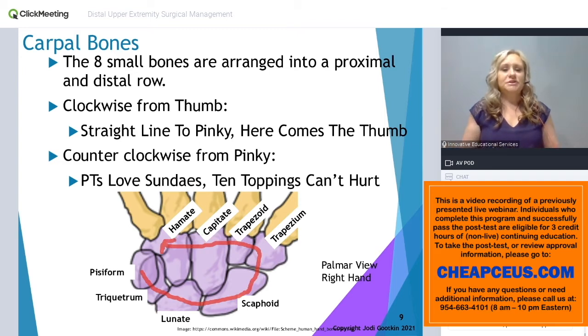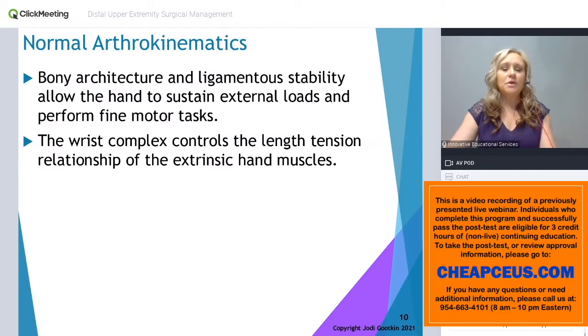And it's important to note that the alignment of these structures is what's going to allow us to have appropriate movement of our hand for our tasks. So when we look at recovery following surgery, glide needs to be maintained in those carpal joints. The normal arthrokinematics, when we look at the bony architecture of the hands, is going to allow for gliding of those bones so that we can perform our different fine motor tasks, such as writing and our pincer grasps.